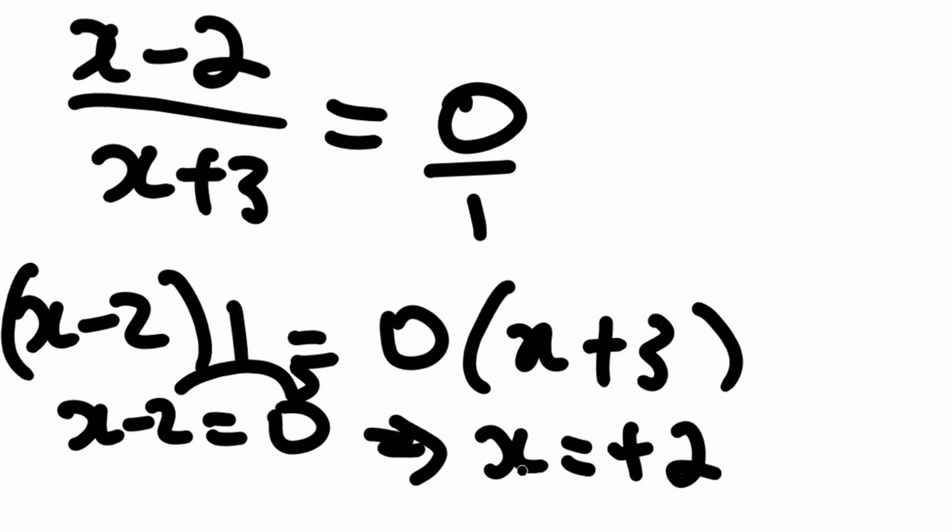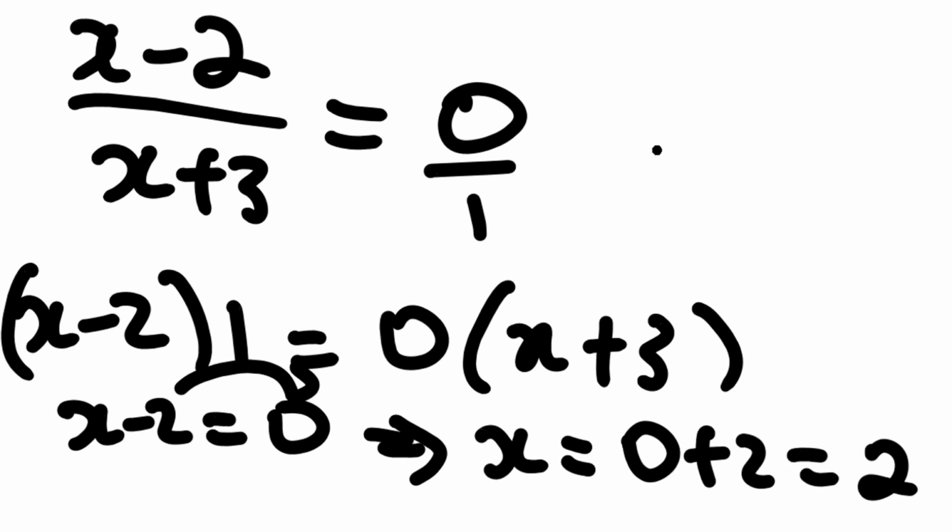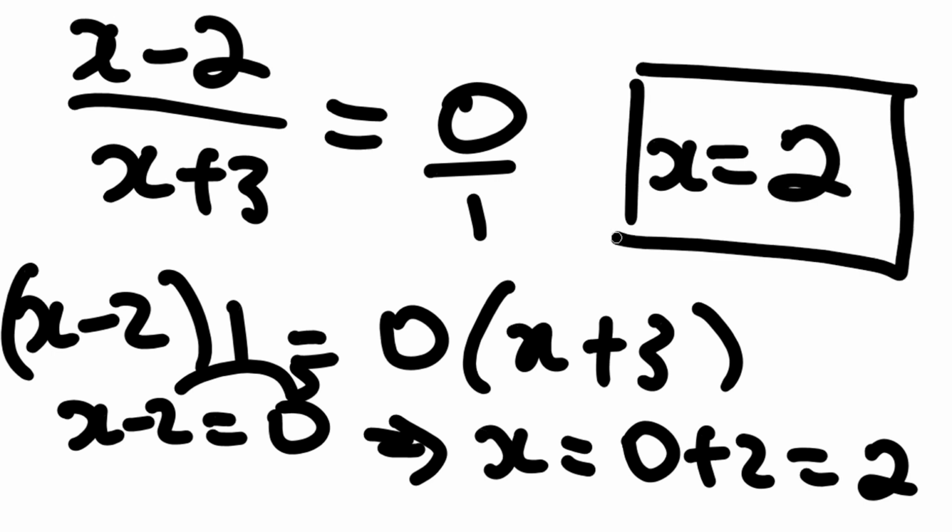Let me do it properly step by step: 0 plus 2, and the answer is 2. So x equals 2 is the zero of the function. This is the answer. So the zero of the function is x equals 2. Let's solve the next one.